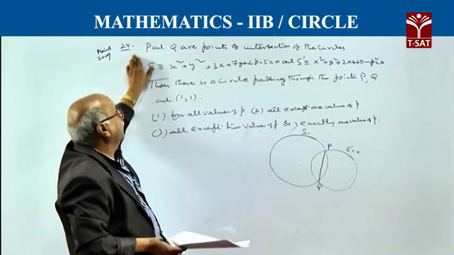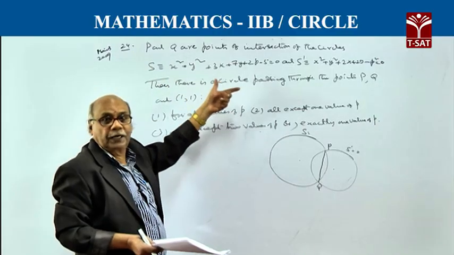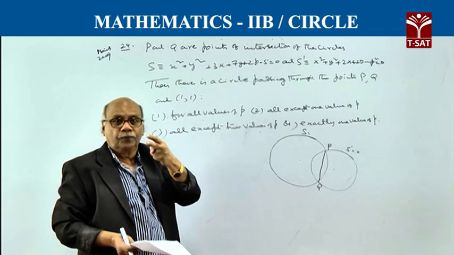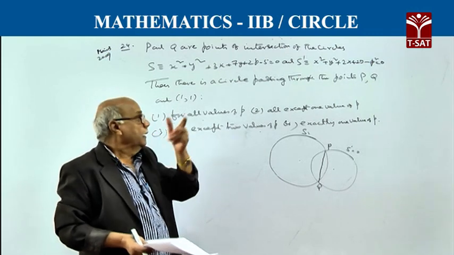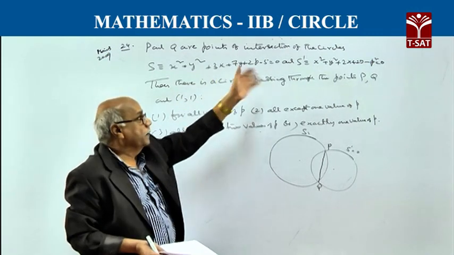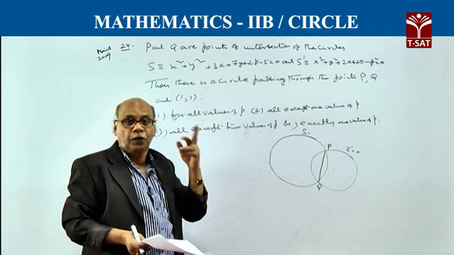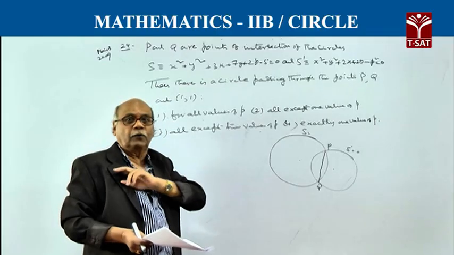Problem number 24, in which the hypothesis is you are given two circles intersecting in 2 points, and you are asking with a parameter p. He is asking about the circle passing through P, Q and the given point (1, 1).